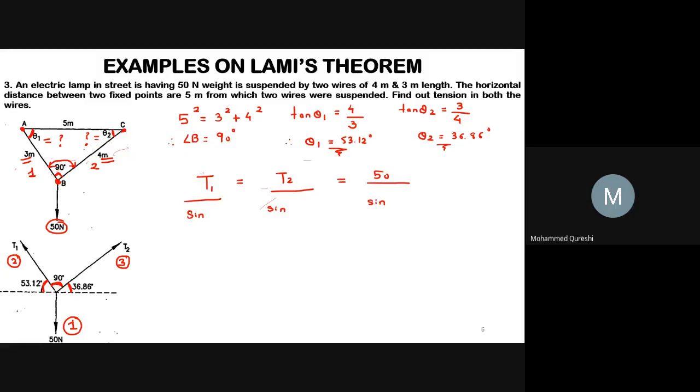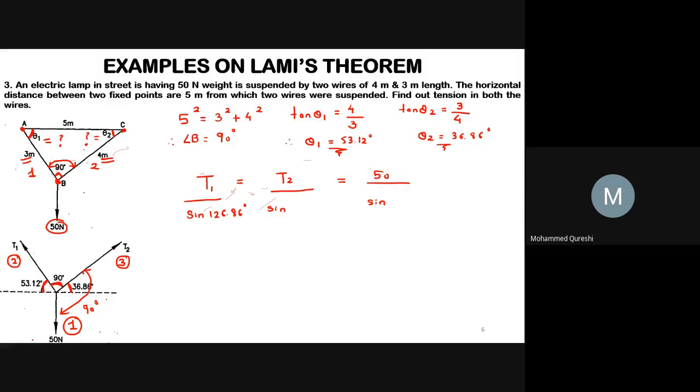So T1, we are calculating this. The angle between the other two forces will be this. And as it is the fourth quadrant, 90 degree plus 36.86 means you will get this value as 126.86 degree.